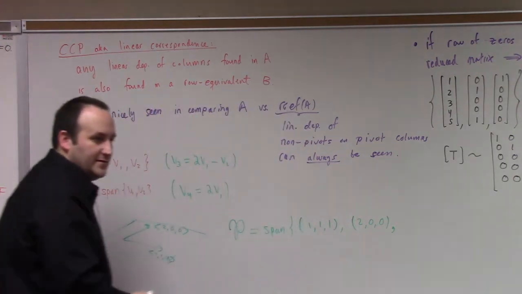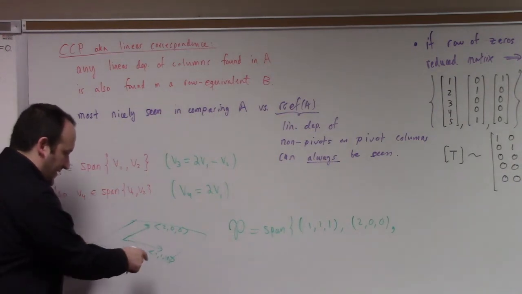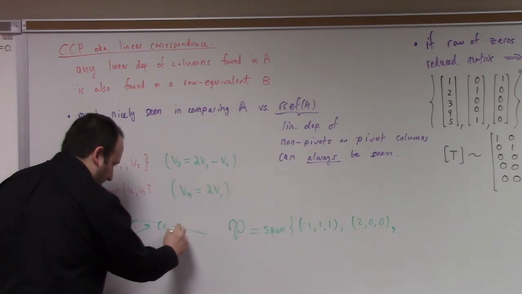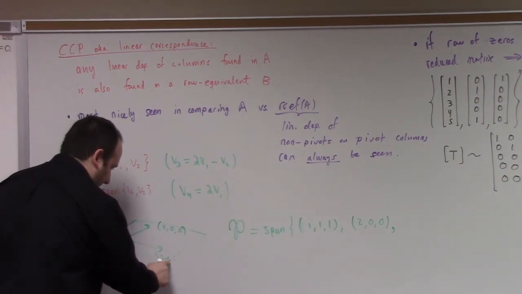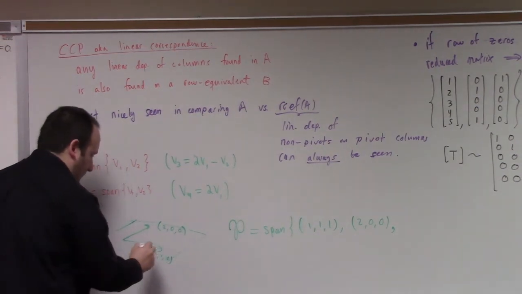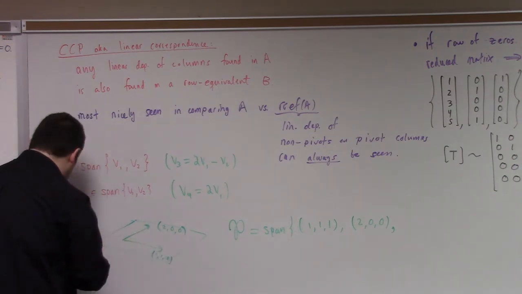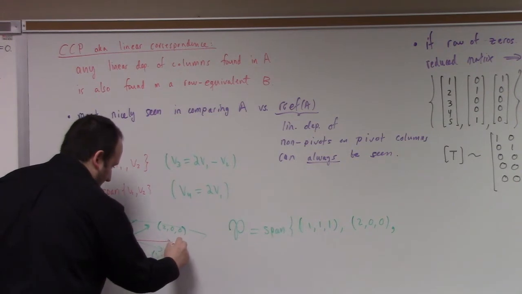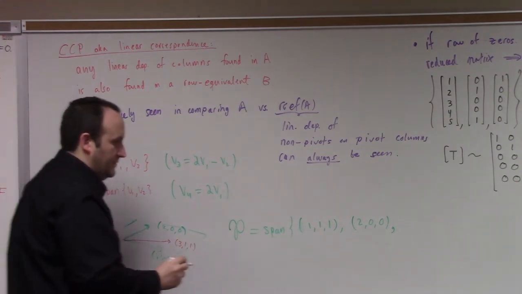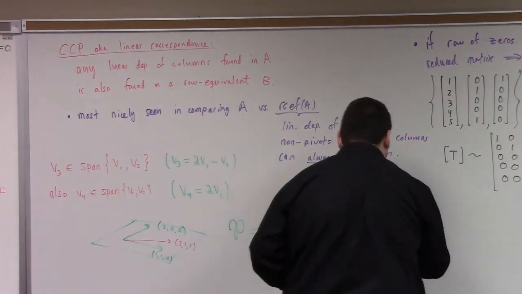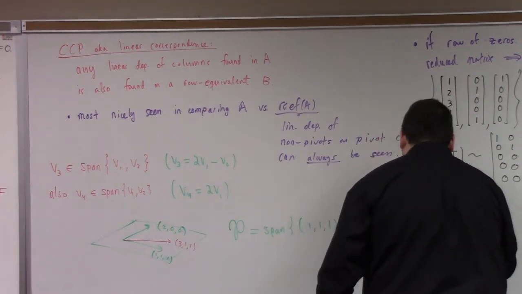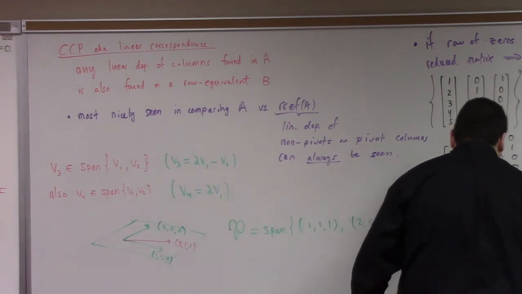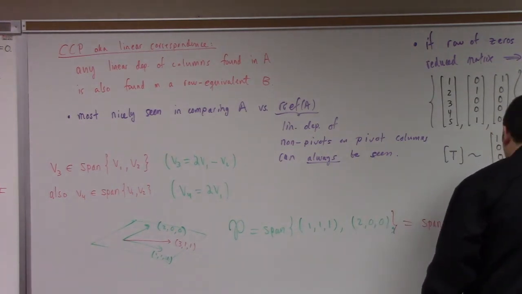But anyway, what happens if you add those together? What's the sum of these two vectors? It's 3, 1, 1. Right? So, in fact, this would be equal to the span of 1, 1, 1, 2, 0, 0, comma, 3, 1, 1.